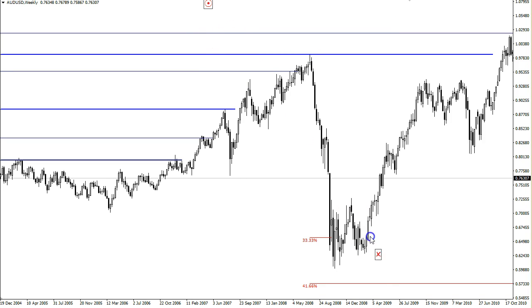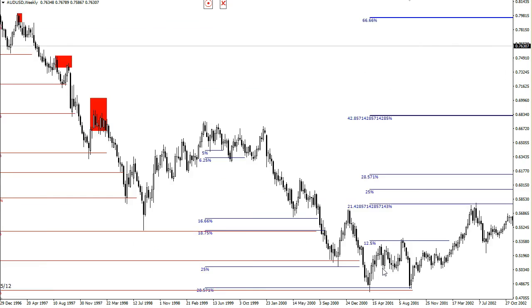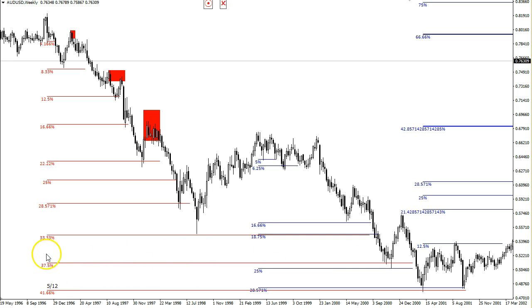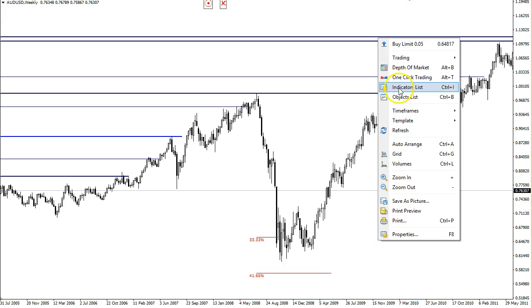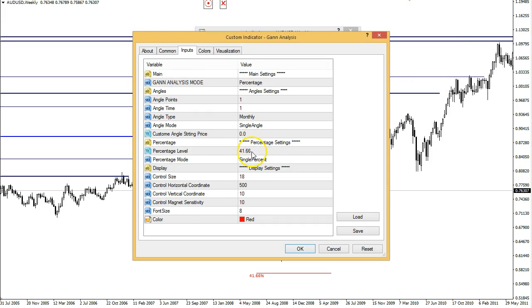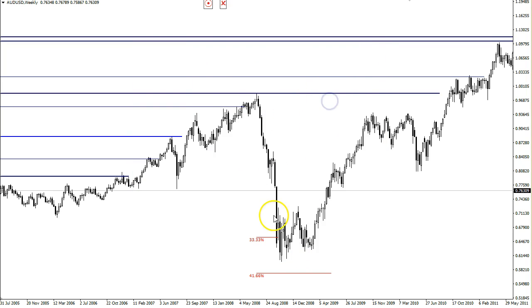That's what I'm saying, that you need to watch, but before that you have a 37.5, so you need to watch all these levels, because you can see this is a sharp move, you don't have any swing, so you can take any percentage.